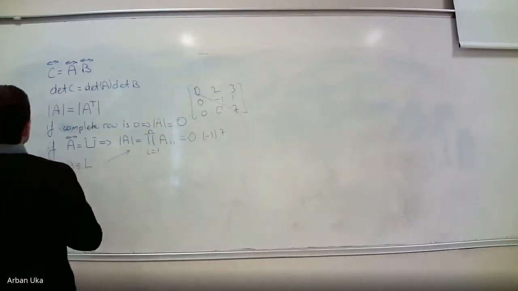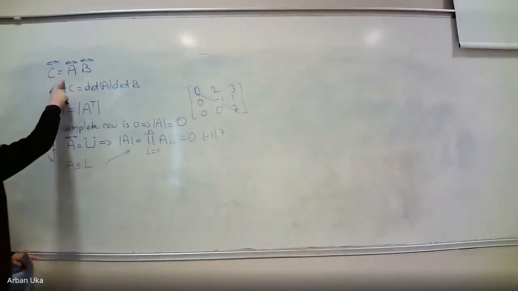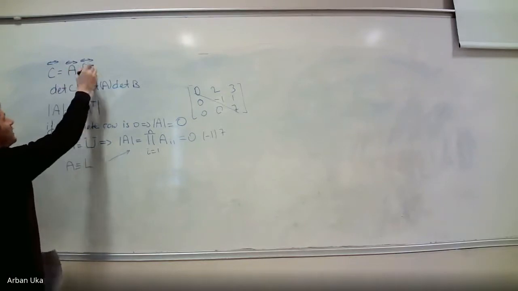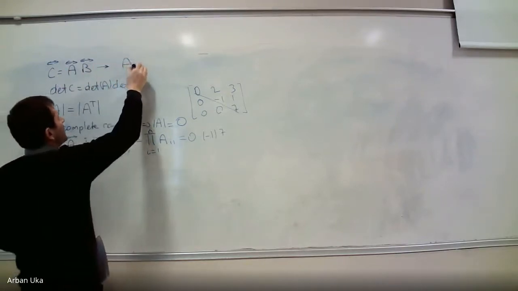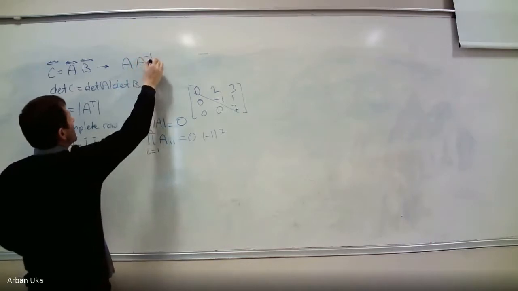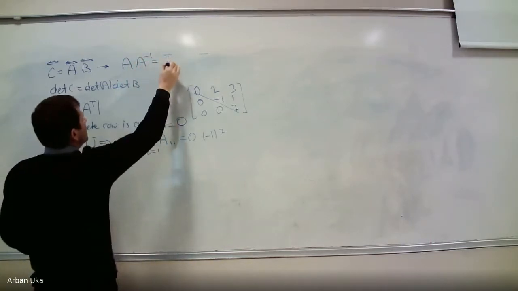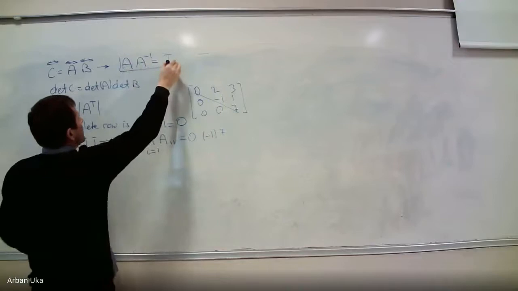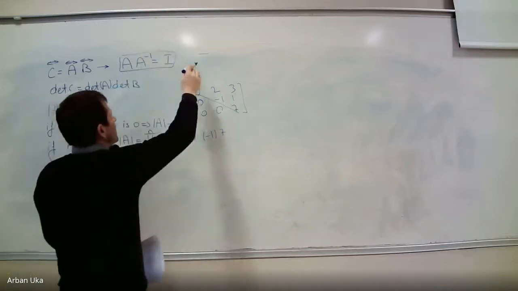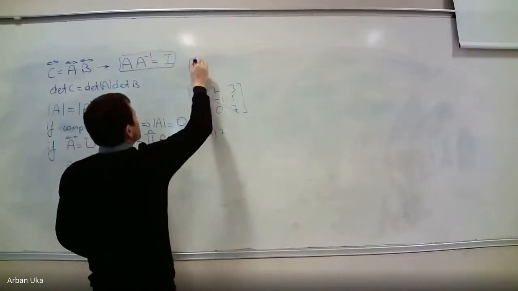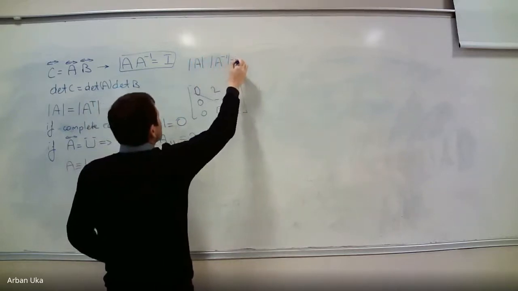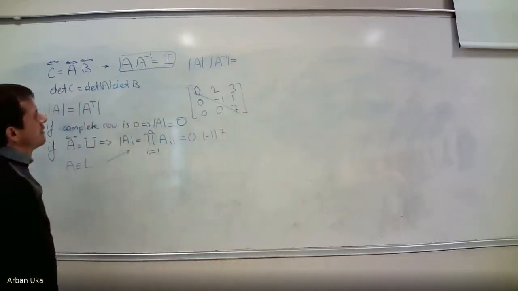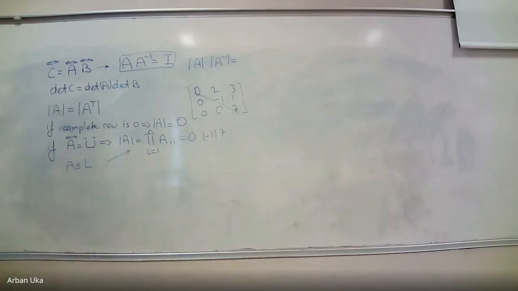Now, let's see this expression here. This is a true identity, but imagine for a moment that A times A inverse is equal to an identity matrix. Then we can say that the determinant of A times the determinant of A inverse is equal to what? What is the determinant of the identity? 1.